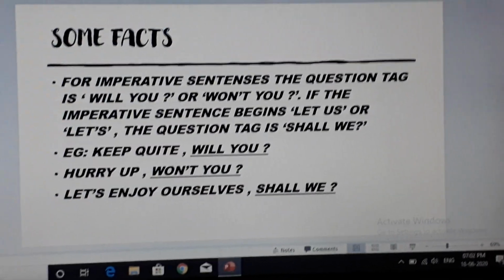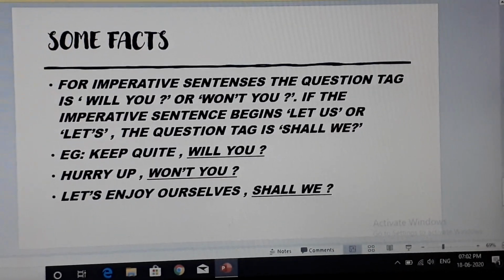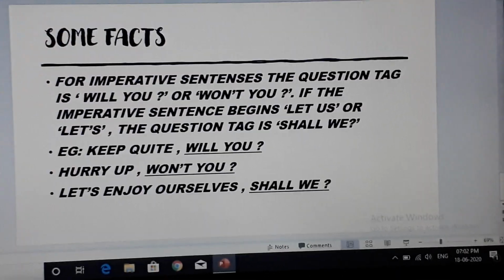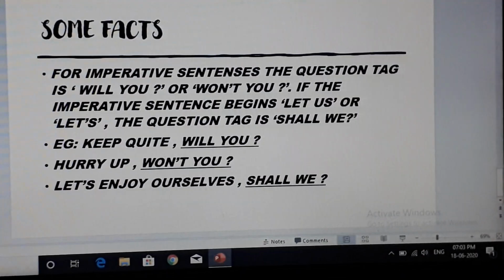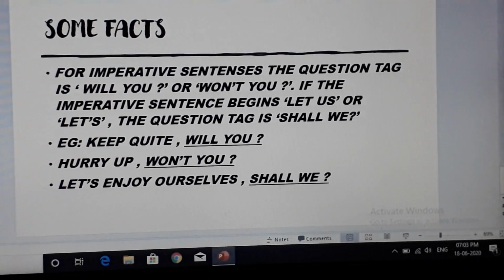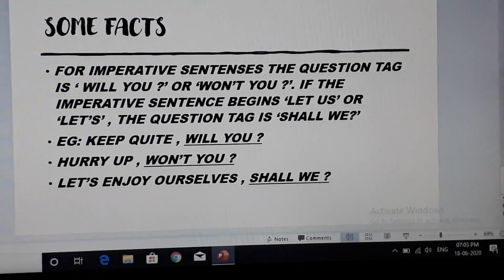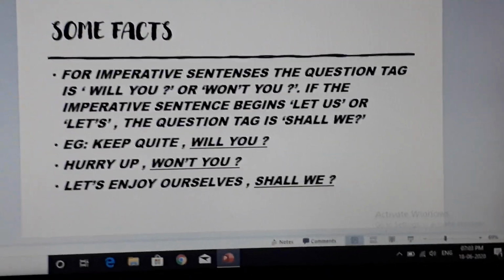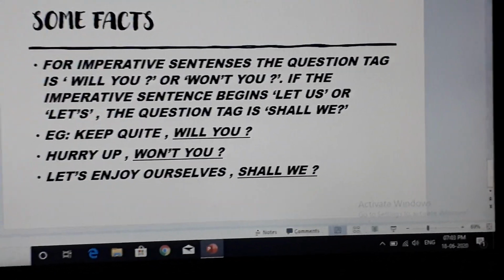The next fact: for imperative sentences, the question tag is will you or won't you. Now what is an imperative sentence? An imperative sentence is a command, a request or an order, and there should be no subject in an imperative sentence. For example, keep quiet. It's a command. There is no subject.